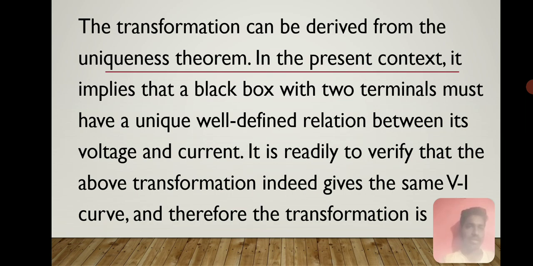In the present context, it implies that a black box with two terminals must have a unique, well-defined relation between its voltage and current. It is easy to verify that the above transformation indeed gives the same VI curve, and therefore the transformation is valid.